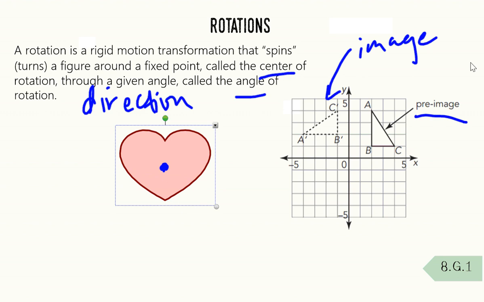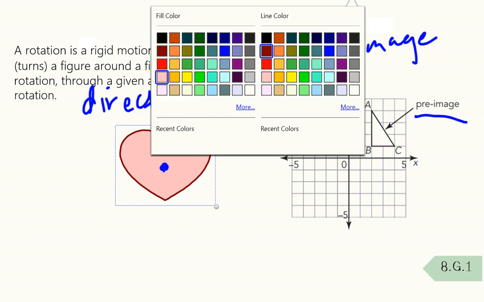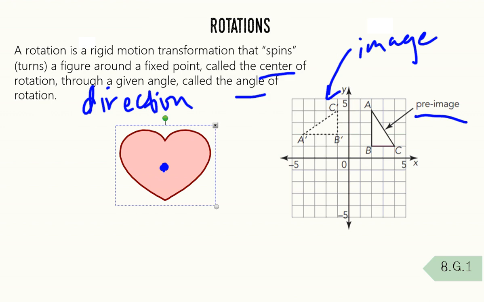Now, to do a rotation, we will talk a lot more about this in class, but the idea is this. If I draw a hook from the center of rotation, and by hook I mean how did I move horizontally, how did I move vertically?